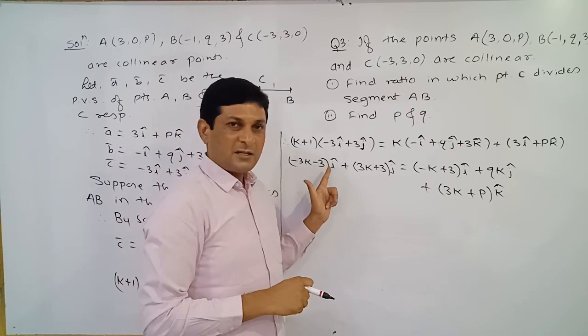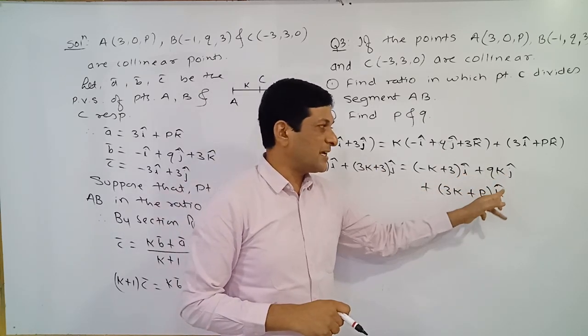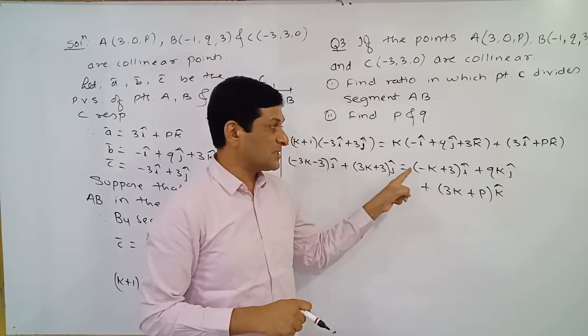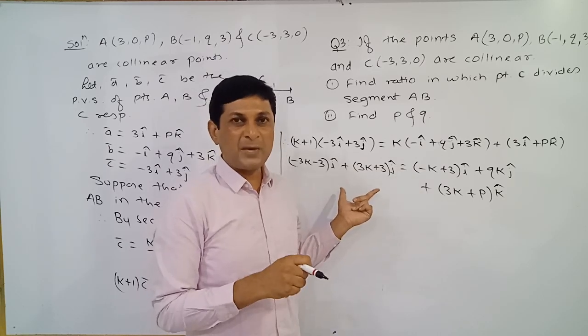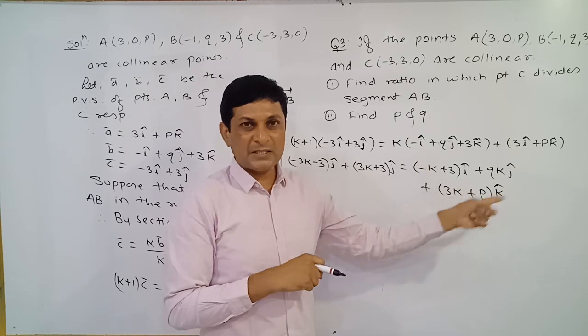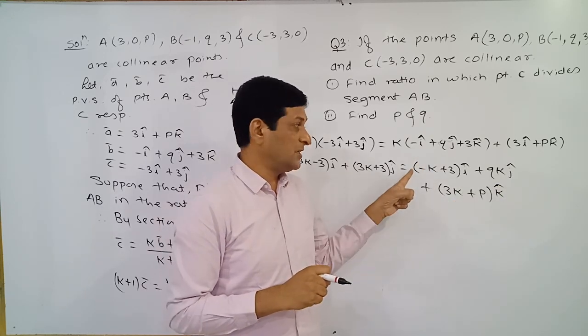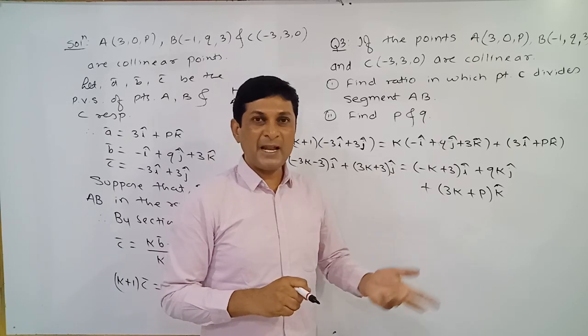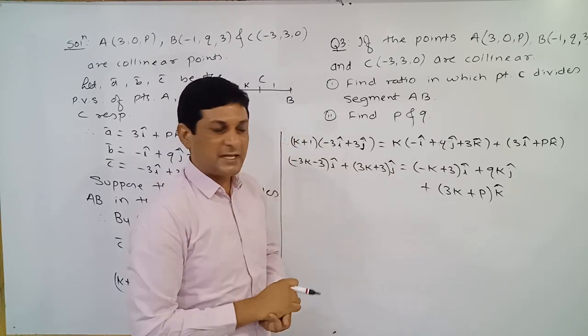Means on this side terms of i cap, j cap, k cap are there, and on this side terms of i cap, j cap, k cap are there, and both the sides are equal. Means this side is also a linear combination of i cap, j cap, k cap, and this side is also a linear combination of i cap, j cap, k cap, and both the linear combinations are equal. It implies that the coefficients of i cap, j cap, k cap on both sides are equal.